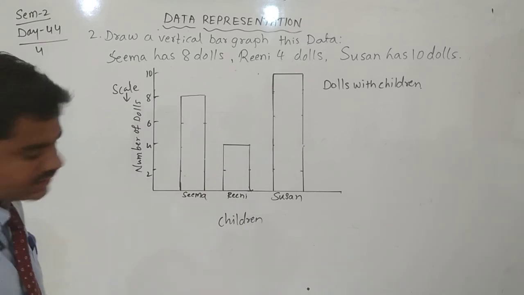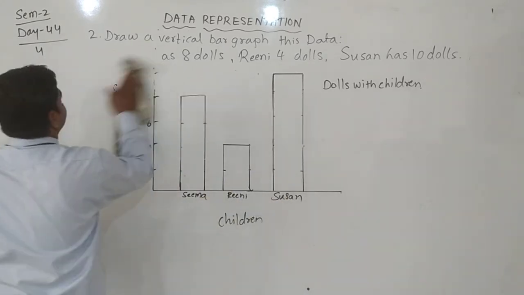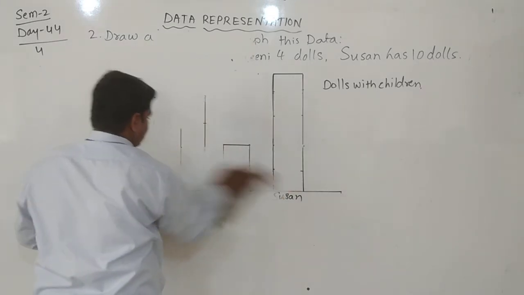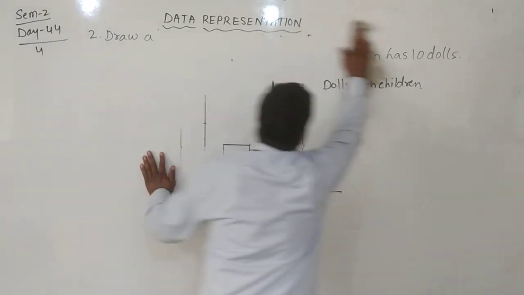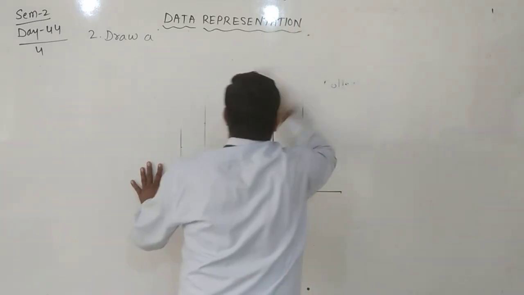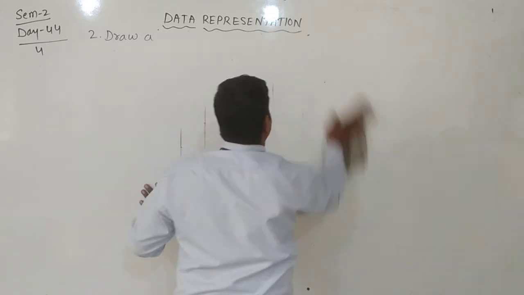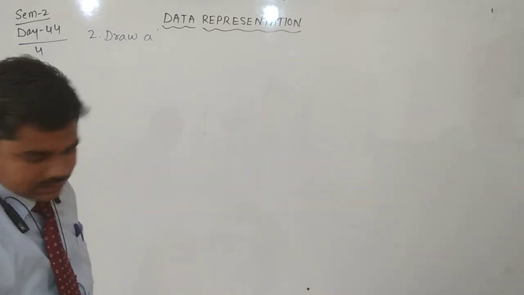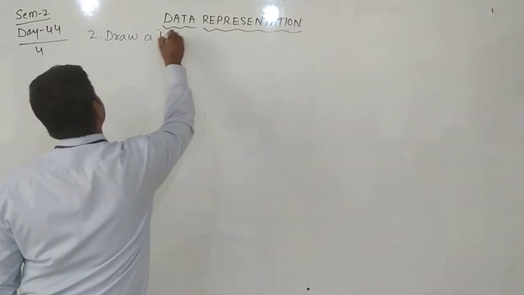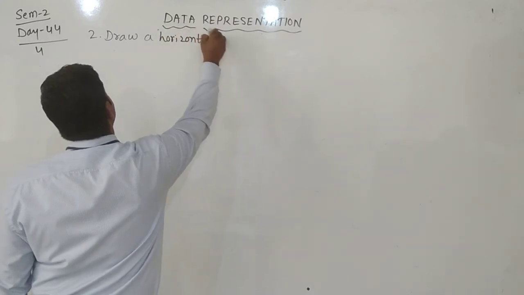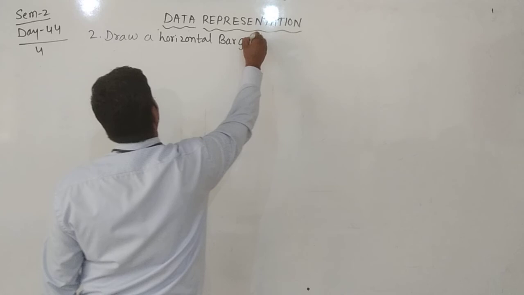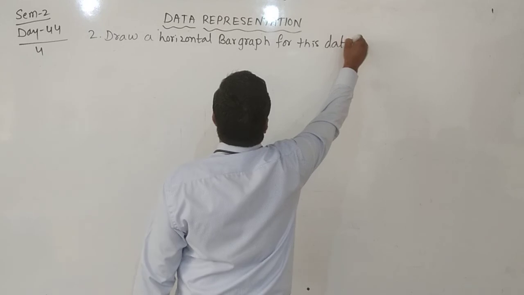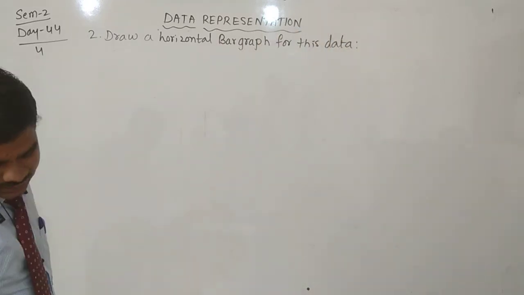We will draw one more, a horizontal bar graph for this data. What is the data given?